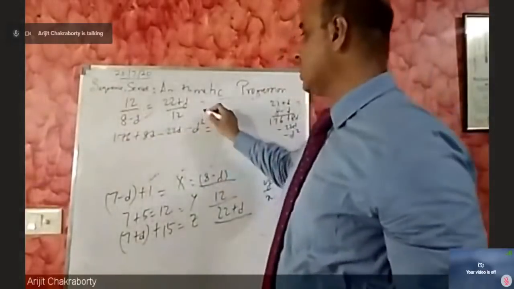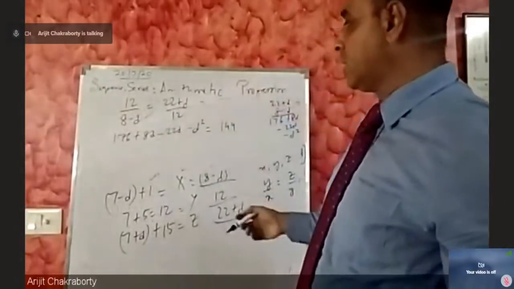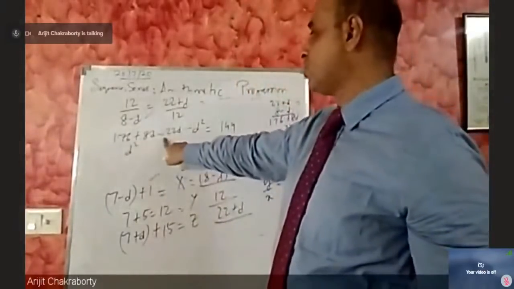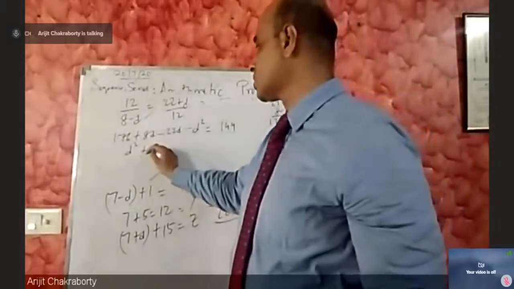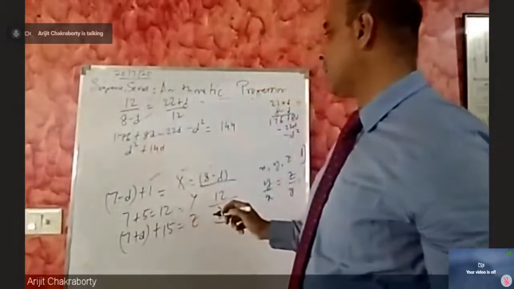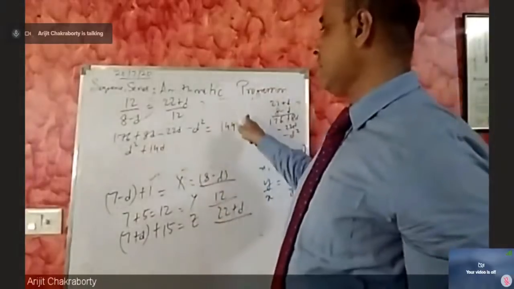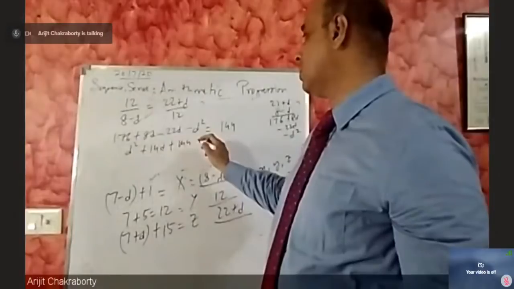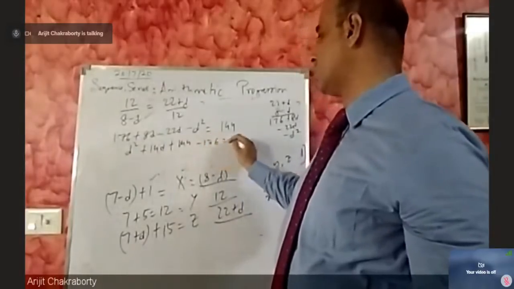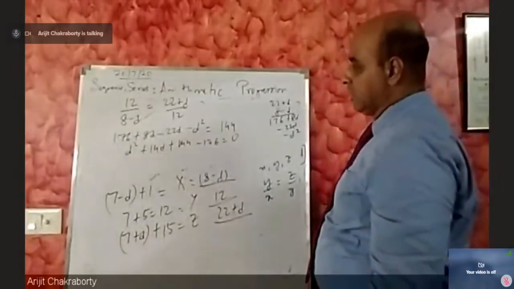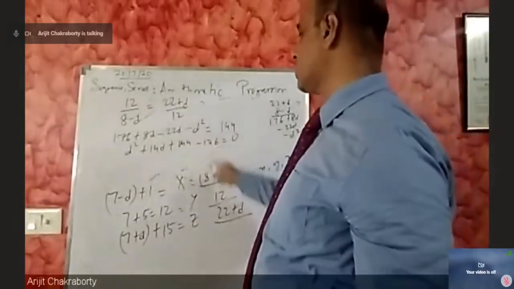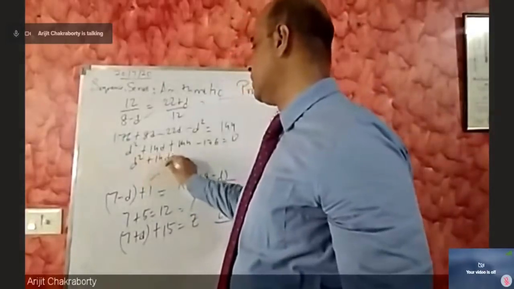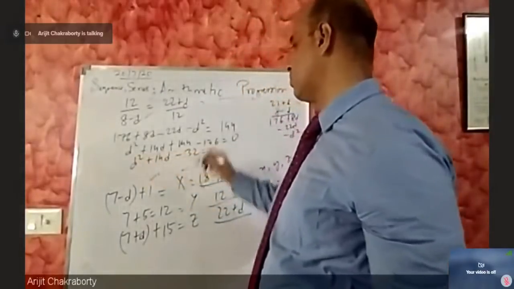If you bring D square to this side and change the sign, then it becomes D square. This is minus 14D, so it becomes plus 14D. D square plus 14D plus 144 minus 176 equal to 0. So plus 144 and minus 176 is 32, so it becomes D squared plus 14D minus 32 equal to 0.